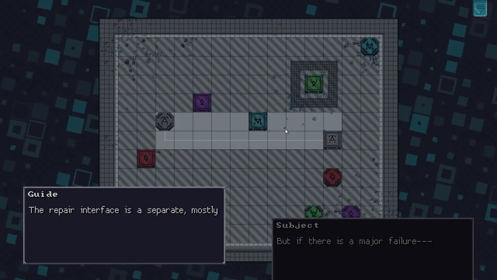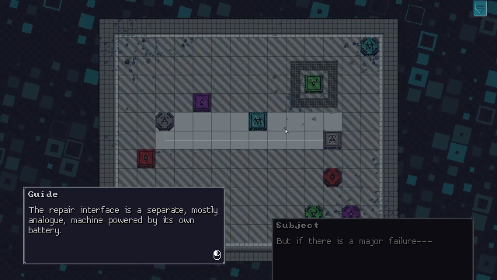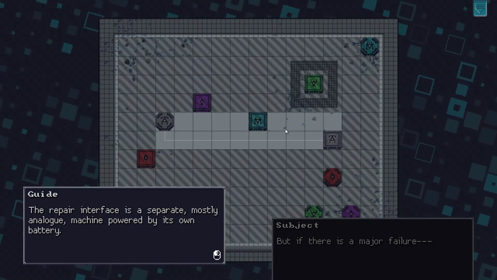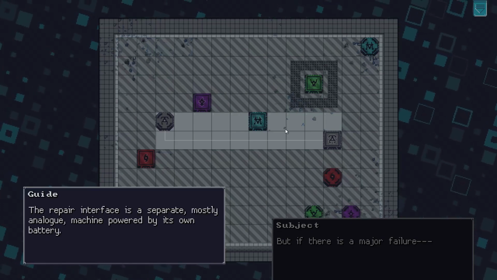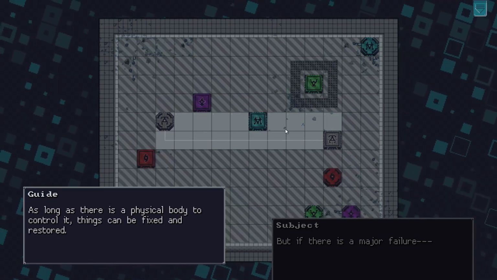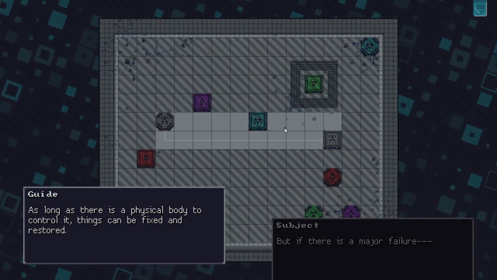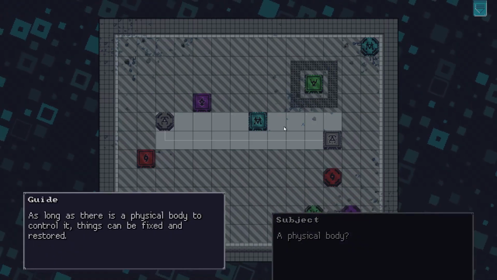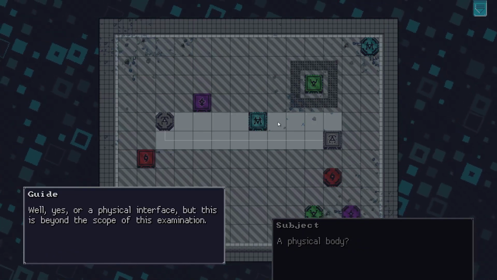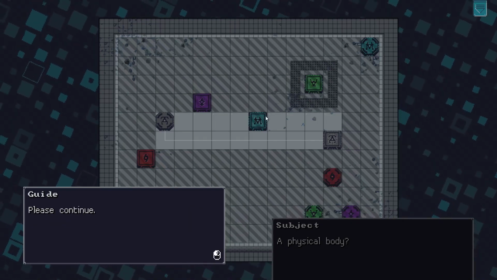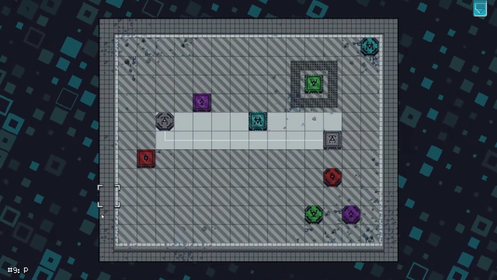Redundancy and separation. The repair interface is a separate, mostly analog machine powered by its own battery. Ah, I see, okay. As long as there is a physical body to control it, things can be fixed and restored. A physical body? Well, yes, or a physical interface, but this is beyond the scope of this examination. Please continue. I feel like some lore is getting hinted at here.